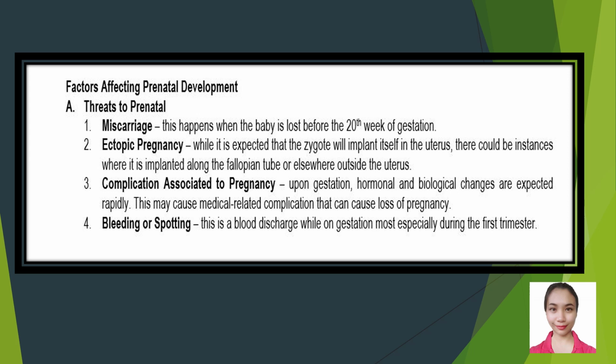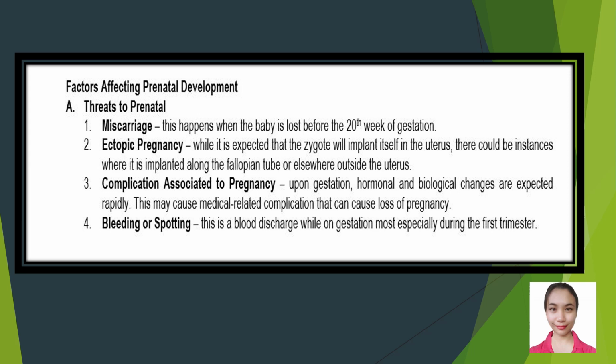So what causes bleeding or spotting early in pregnancy? It can be caused by the following factors that I will be discussing with you. Number one is having sex while pregnant. Next is an infection, which can also cause bleeding or spotting.